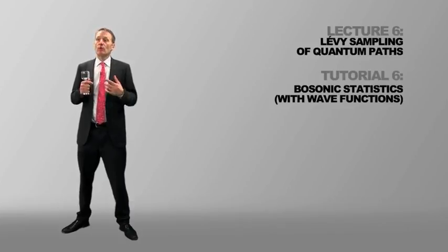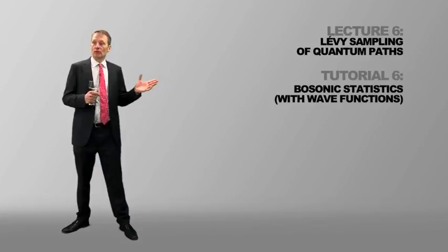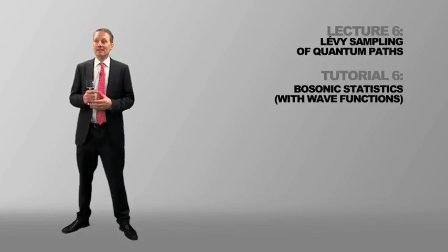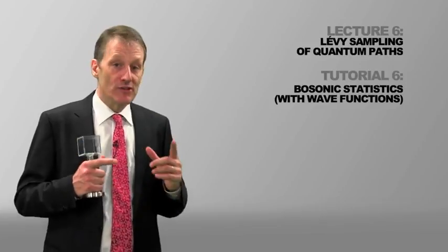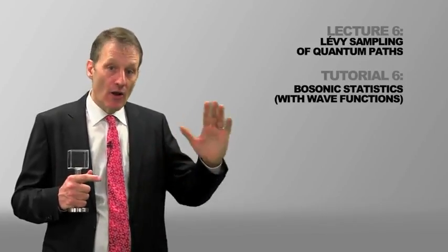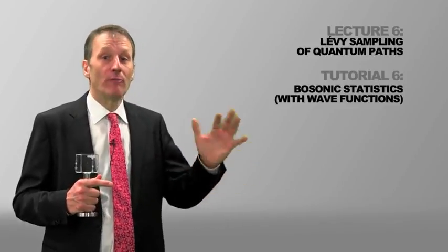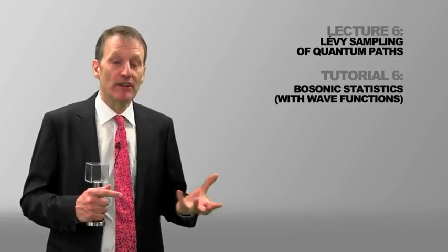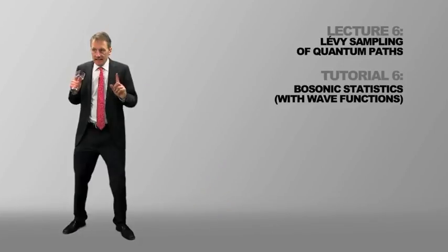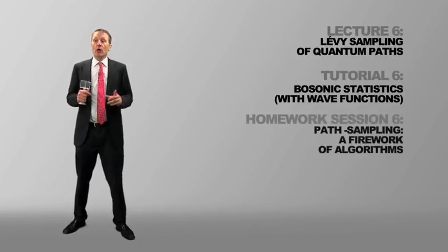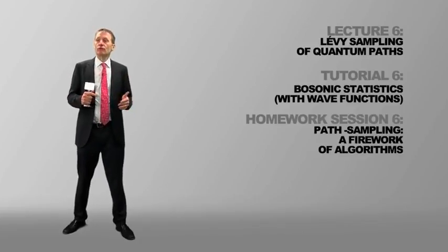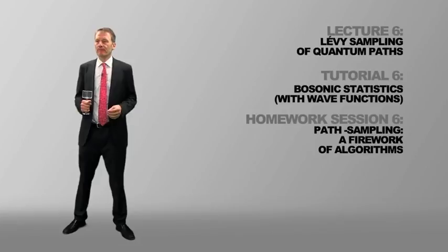And this is what we will do in this week's tutorial, where we will get down to the heart of bosonic statistics and will solve a model of a small number of particles in a three-dimensional harmonic trap. In this week's homework session, we consolidate what we learned in the lecture through practical calculations.